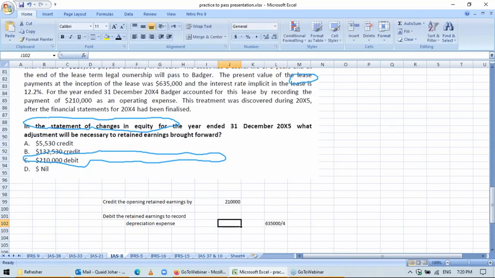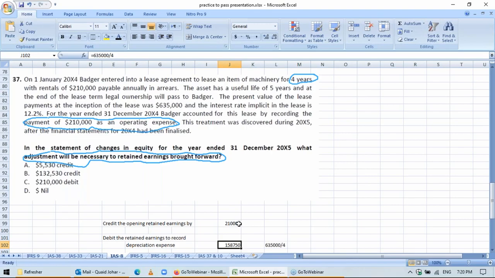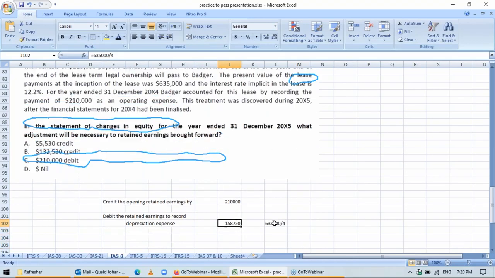So we'll take a debit. Okay, so we will divide by 5 years, students. Why 5 years? Let me tell you the rule. Divide by 5 years. So 635,000 divide by 5. This makes 127,000.